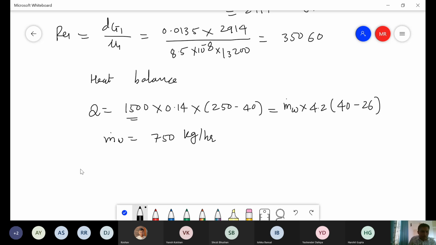So this we can convert into a mass flux. The mass flow rate is given as 750 divided by 3600, and divided by the area of the annular region. The area of the annular region we have already calculated, that is 0.001037.